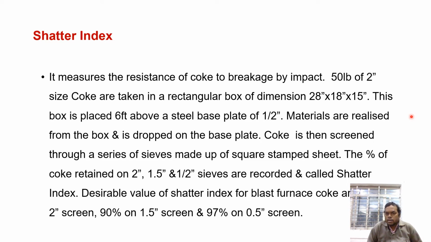Suppose you take 50 pound of 2-inch size coke in a rectangular box of dimension 28, 18 and 15 inches. This box is placed 6 foot above a steel base plate of half inch.